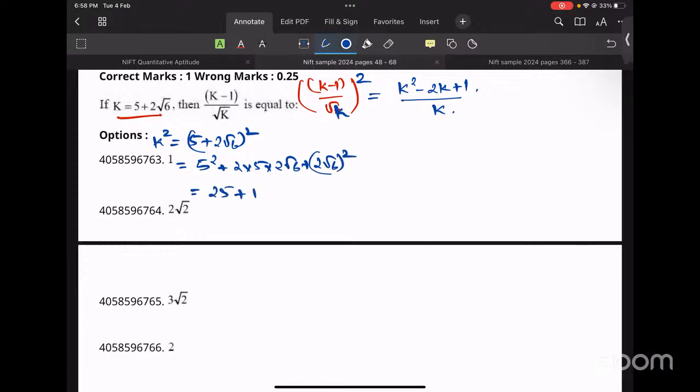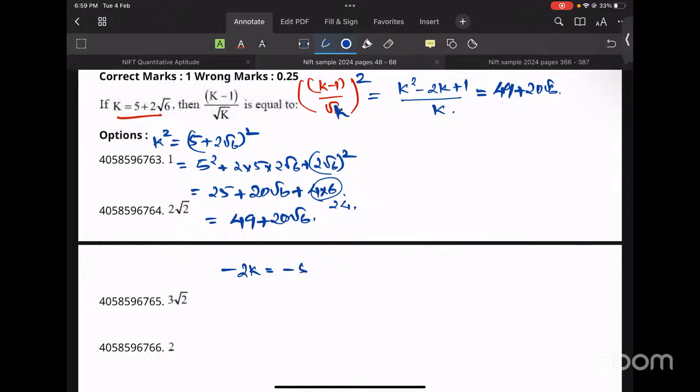That is 25 plus 20 root 6 plus 4 into 6, that is 24. So it is 49 plus 20 root 6. And the value of minus 2k equals minus 10 minus 4 root 6.